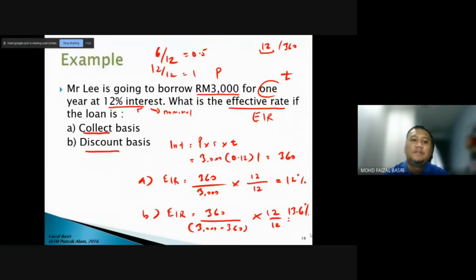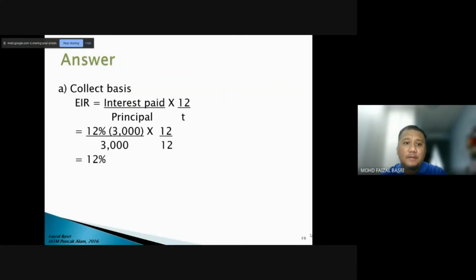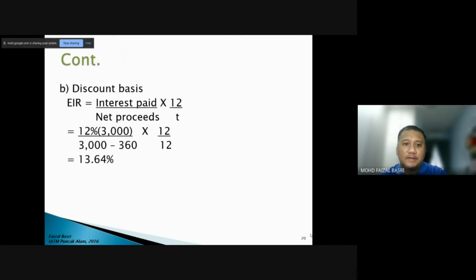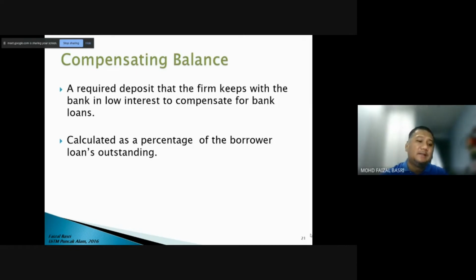So that's one thing based on discount interest. That's number one. And remember, for bank loans, besides discount interest, we also have the capacity balance.